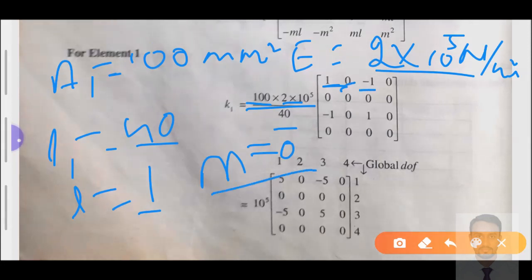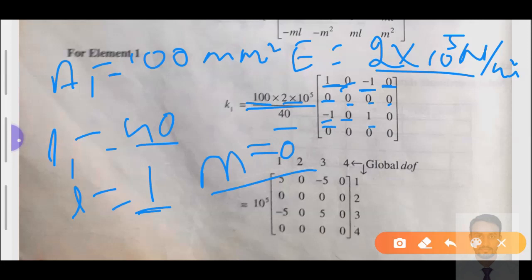Then L square, minus L square, it becomes minus 1. LM is equal to 0, minus LM is equal to 0. This one LM is equal to 0, M square is equal to 0, minus LM is equal to 0, minus M square is equal to 0. Similarly here we have minus L square, minus of 1 square is minus 1, and then LM 0.